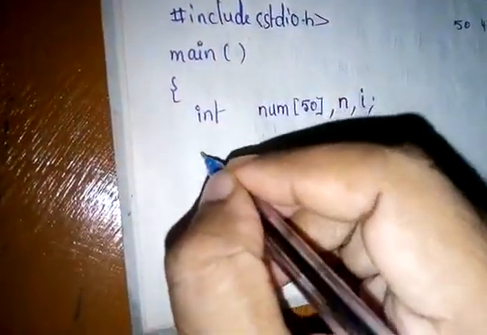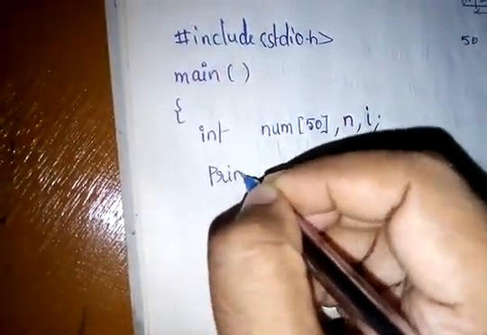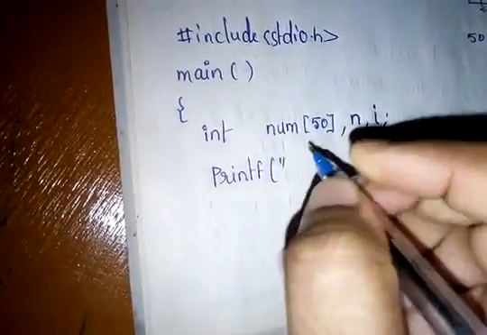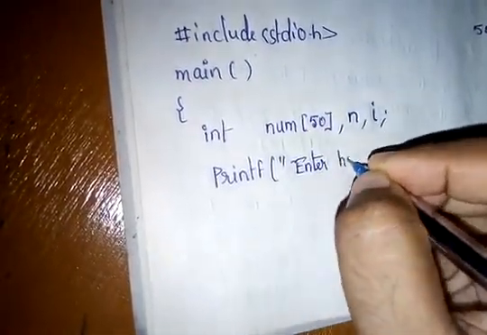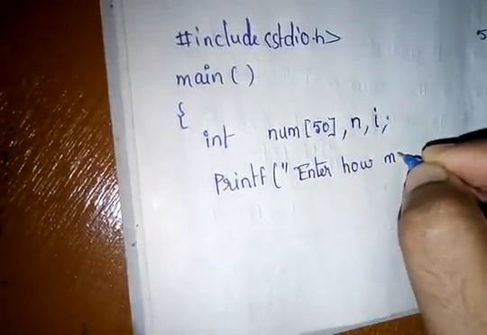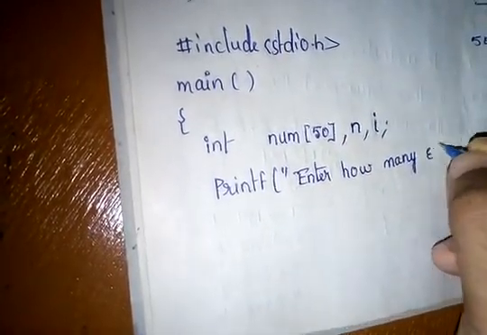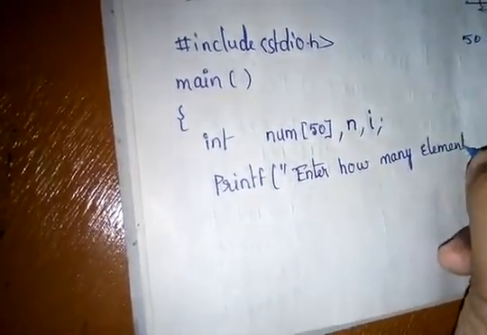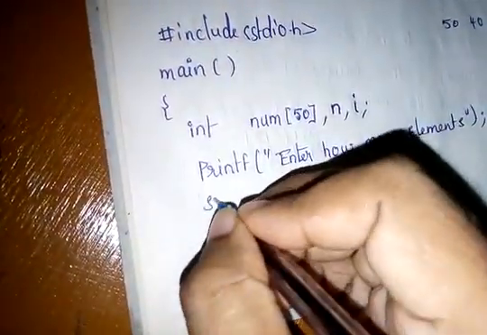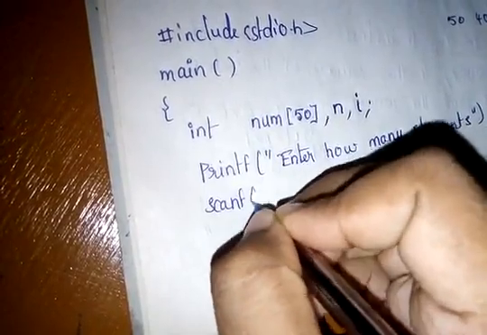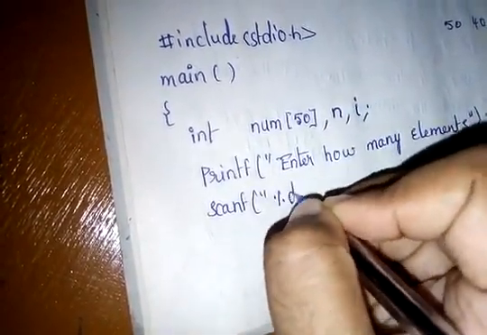So now ask the user to enter how many elements he wants to enter in the array. Take that input into the variable n.